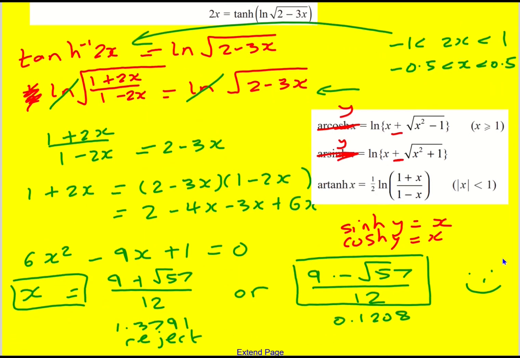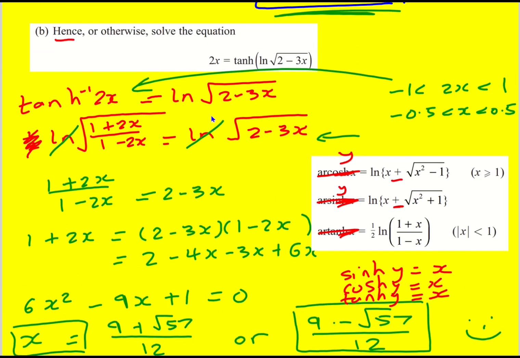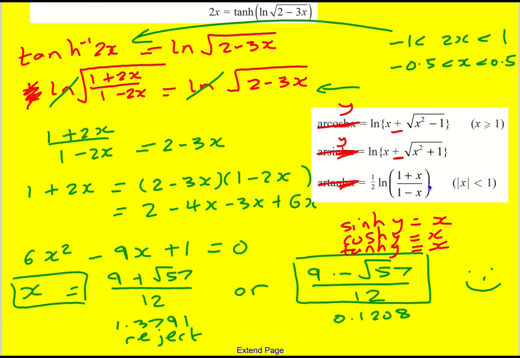In this case, we're fine because you don't get a plus or minus. So if you're solving tan hyperbolic y equals x, just like we are here, then you just get y equals this, no plus or minuses. So we got our two solutions. We just rejected this one this time because of the domain and the range, that kind of argument. So all right, I hope that clarifies things a bit.